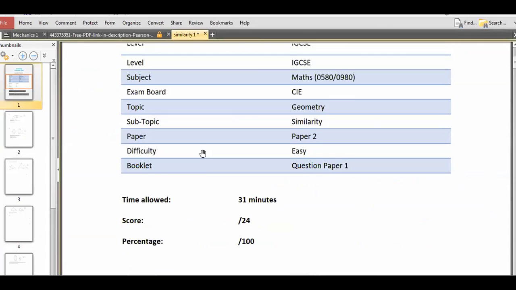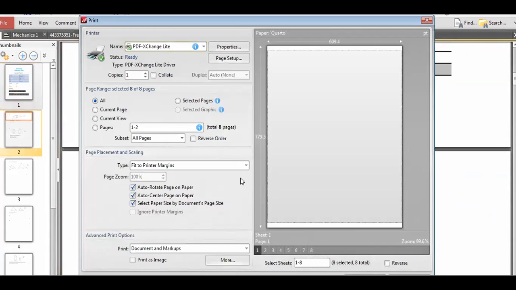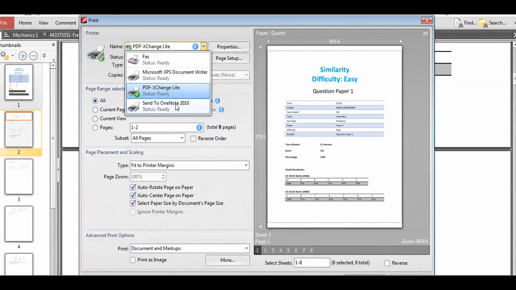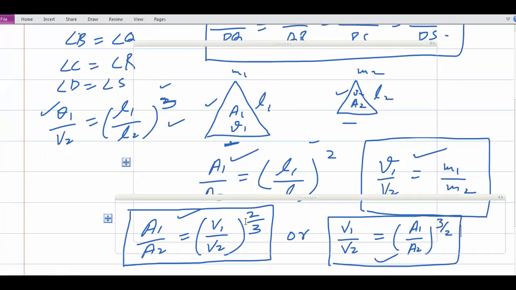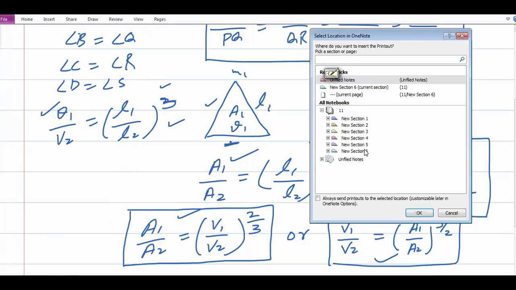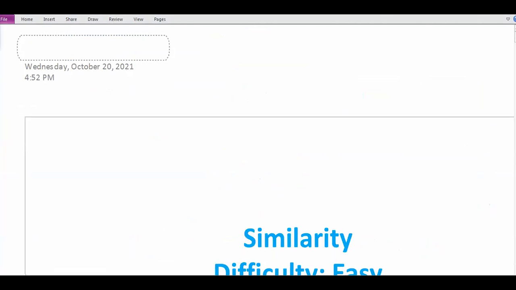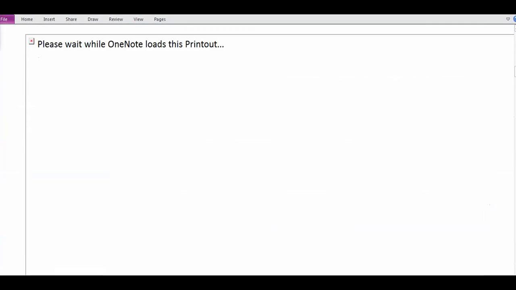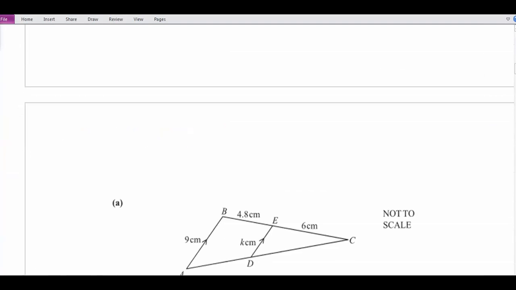This is the file that we have for the similarity. Everything is lazy today.